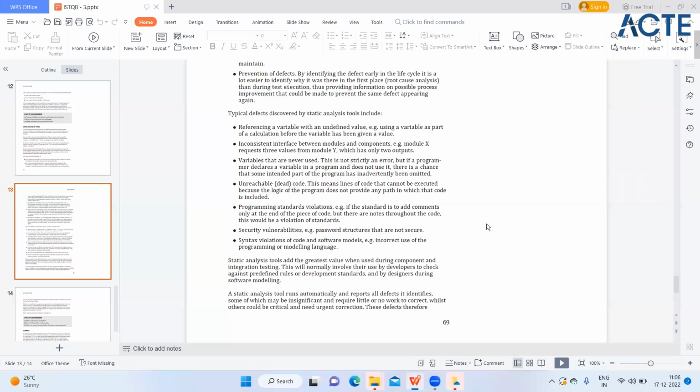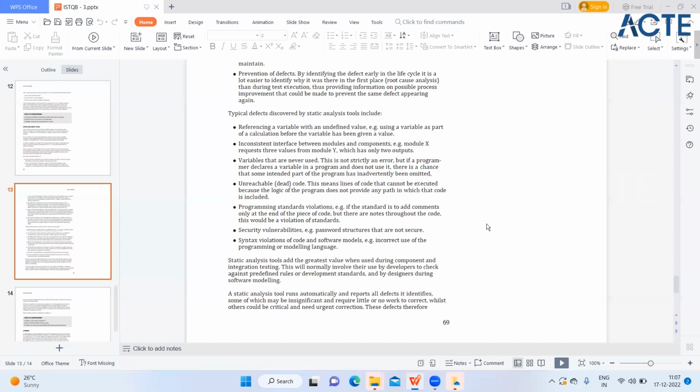If that variable is not used properly, then maybe the programmer has missed that particular part of the program, because they have just defined it but have not used it.